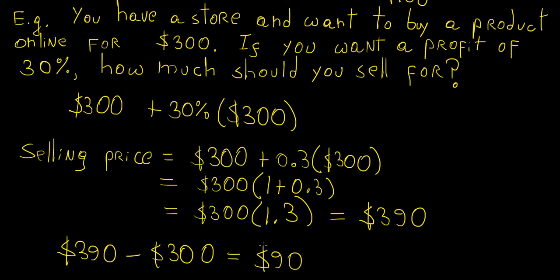Now obviously this may not seem like a lot of money, especially because you're going out and buying a product for $300. That's quite a risk in itself, because just buying a product doesn't mean that someone else is going to buy it from you. Remember that if you bought it online, any customer could buy it online themselves, and they would say, if I buy it online, I can save myself $90 rather than buying it from the shop.